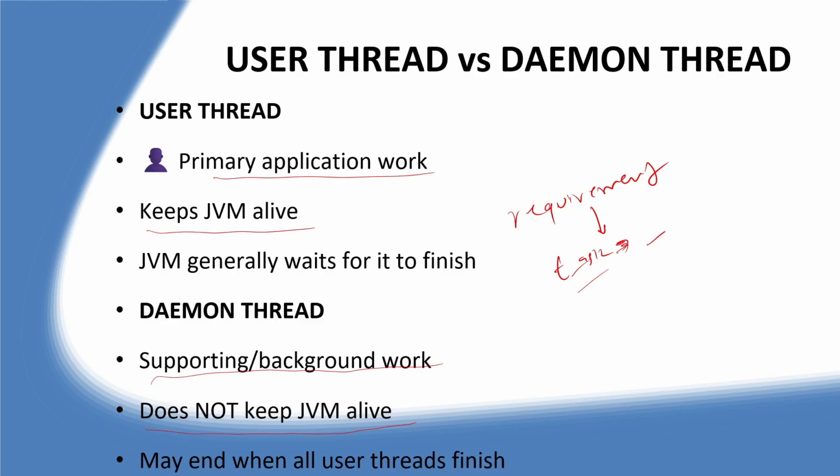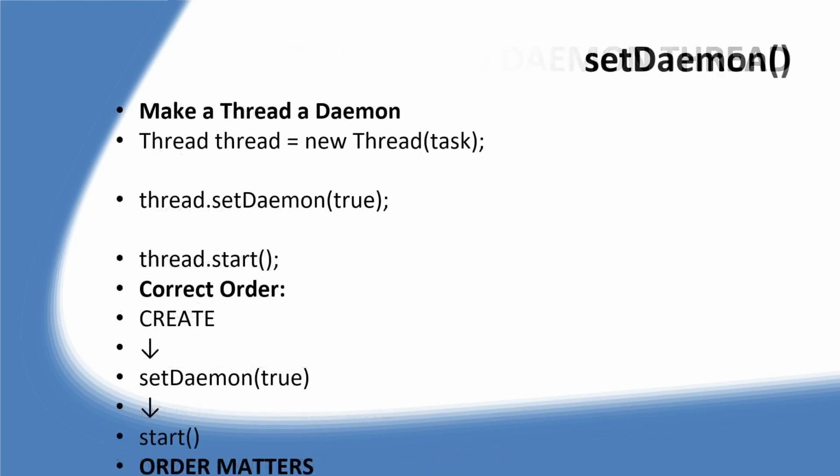So this was user thread and daemon thread. Now there is a method called setDaemon to mark a thread as a daemon thread. How will we identify that this thread is a daemon thread? We will use setDaemon as true. See here in this line, we created one thread and we are marking setDaemon as true. That means this thread will now become a daemon thread. So the first step is to create the thread object.